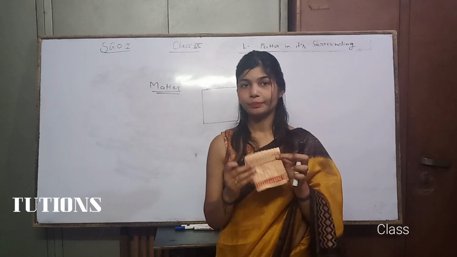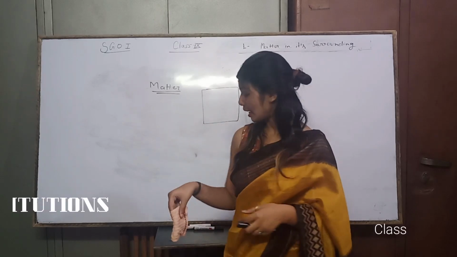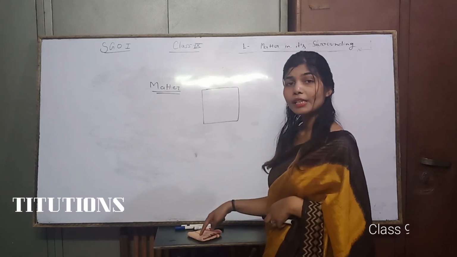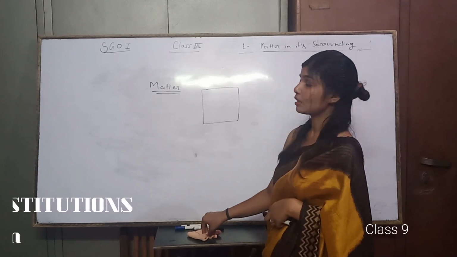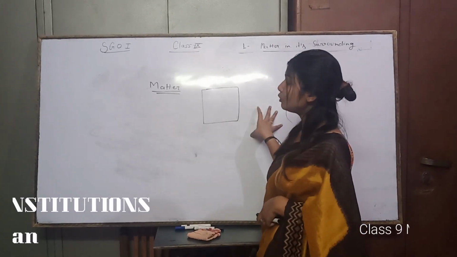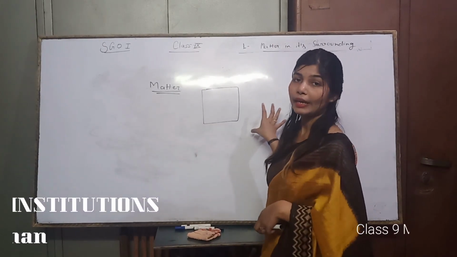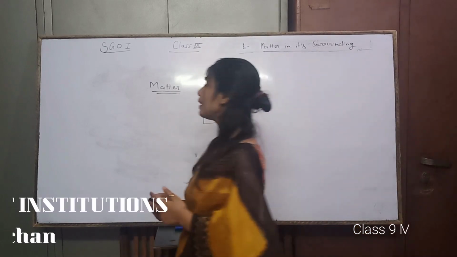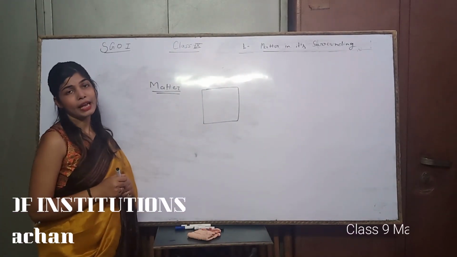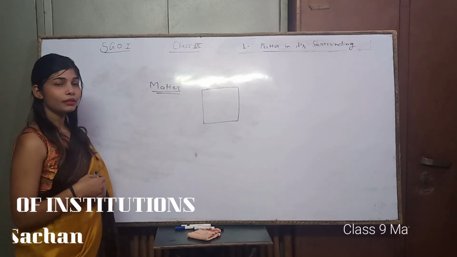This is a hanky. Students, if I put this hanky from this position, it occupies space and it also has mass. See this blackboard, it also occupies space and has mass. So you can say that those types of substances which occupy space and have mass are known as matter.